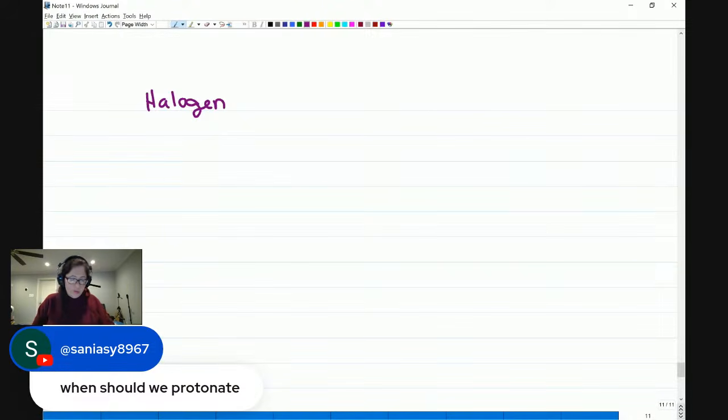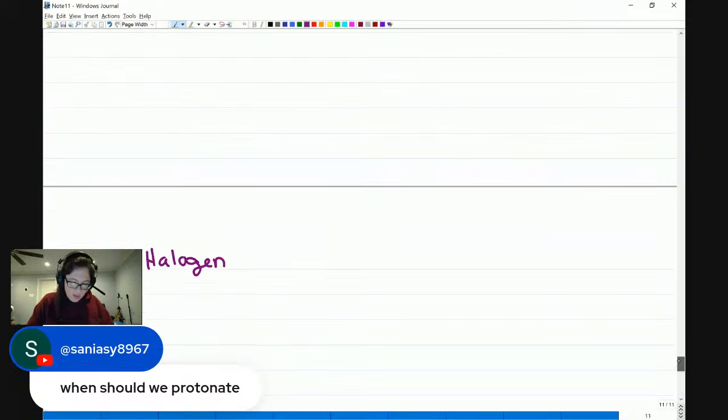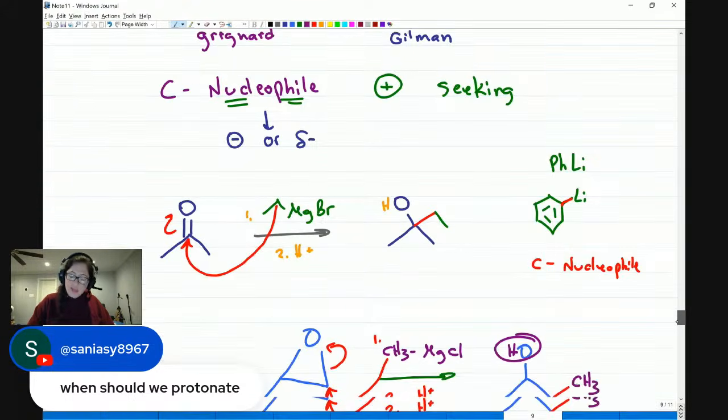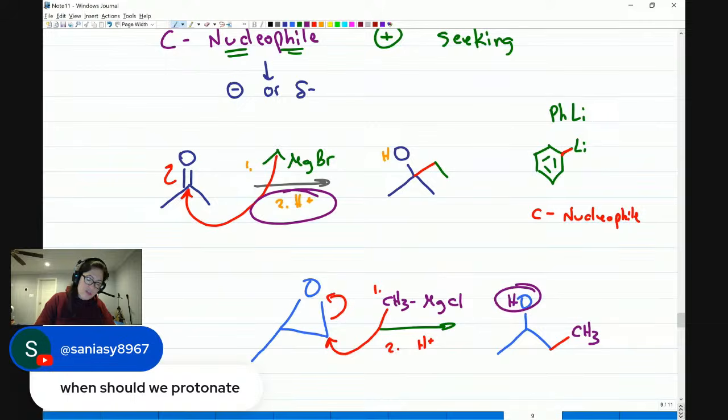Question: when should we protonate? Okay, so I assume you asked that earlier and I didn't see the question. With something like a Grignard, I think that's where you're asking. Make sure that it's in the second step. Because if you take your reagent and you pour in some acetone, you pour in some Grignard, you pour in some acid, the protonation, you put it all into one container and shake it up, you're not necessarily going to have this reacting in steps. The Grignard is very lazily going to grab that proton, destroy the Grignard, and the reaction is done.